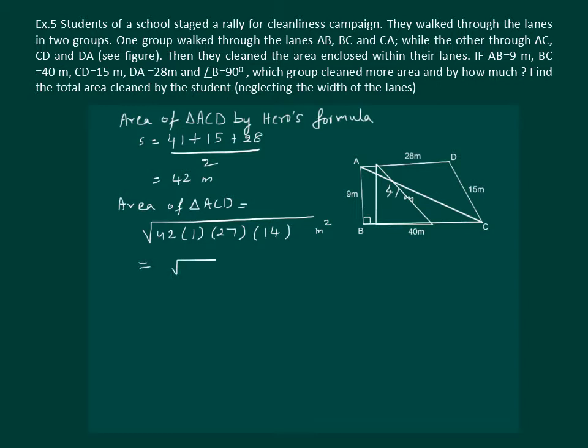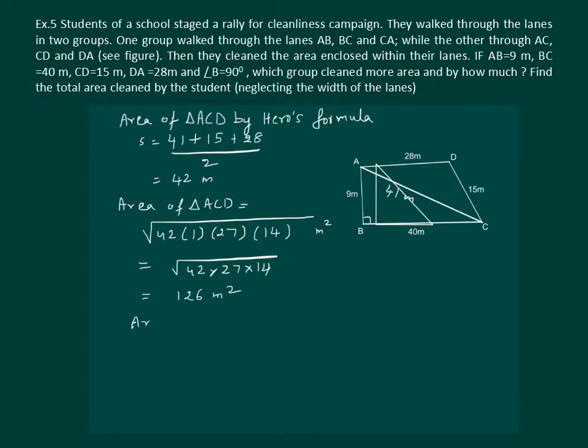Let us calculate further. We get 42 into 27 into 14, factorize and solve, we get 126 meters square.